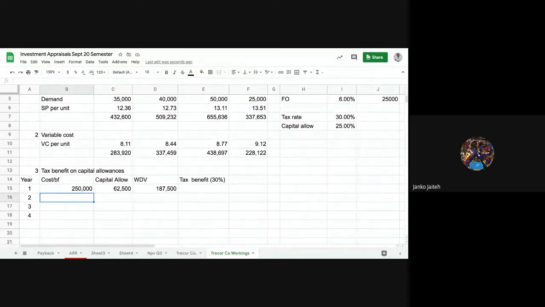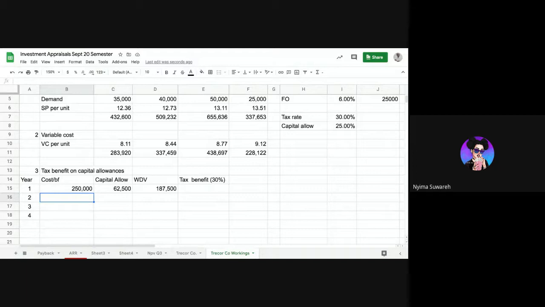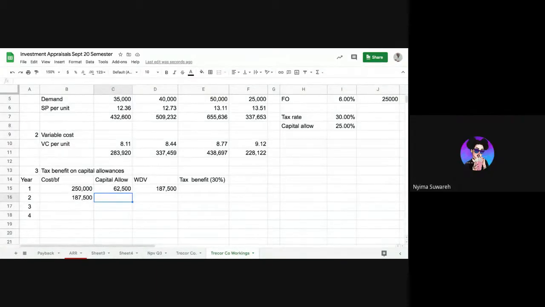How should we bring it here? You're going to say equals to, and you click on that. Good. Excellent. Now, what will be the capital allowance in year 2? It will be the 25% multiplied by the brought down cost.